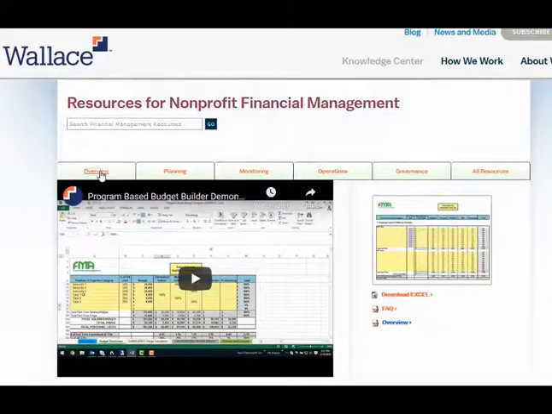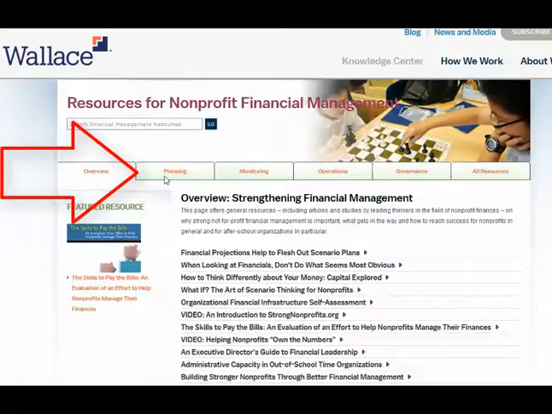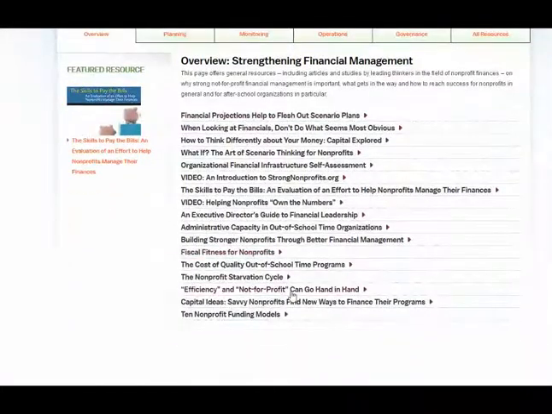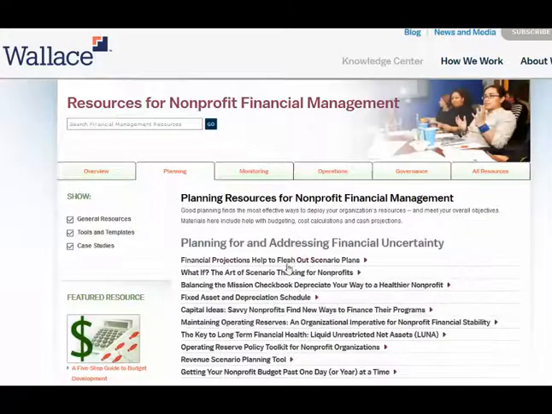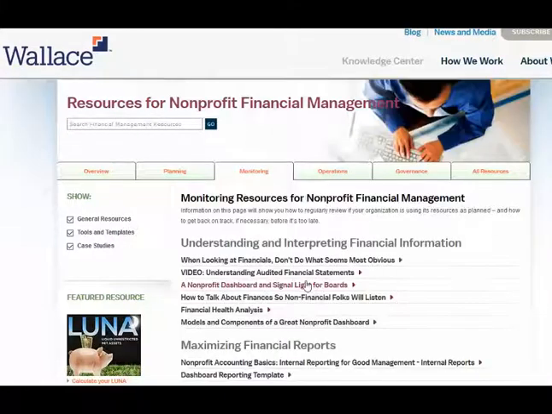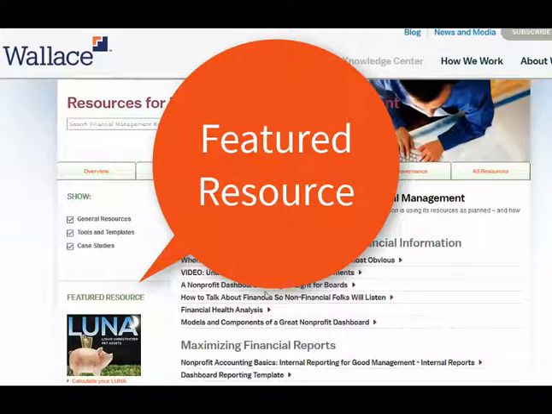At the Wallace Foundation, you will find 6 categories of information: overview, planning, monitoring, operations, governance, and resources for nonprofits of financial management. One of the things I like is the featured resource that they have in each category.